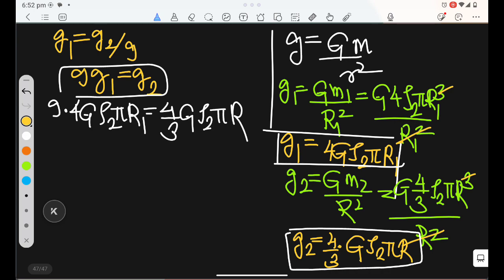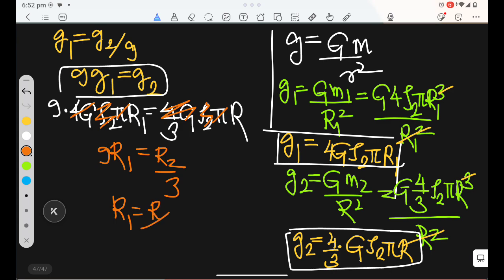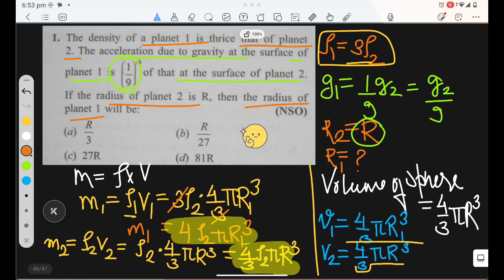If I cancel out 4G rho 2 pi, I have 9 r1 equal to r2 by 3. R2 is r only. So r1 is going to be r by 9 times 3, which is 27. So the radius of the first planet is 1 by 27 of the radius of the second planet. So B is the correct answer to this question.